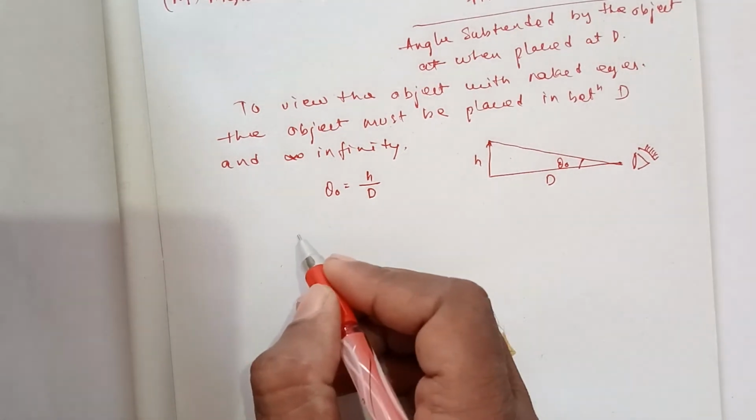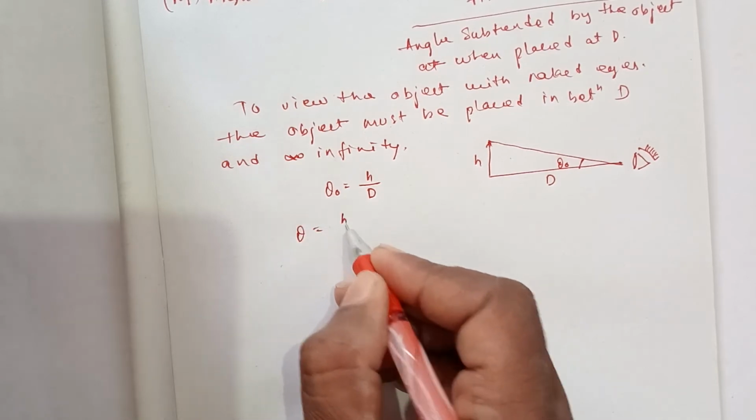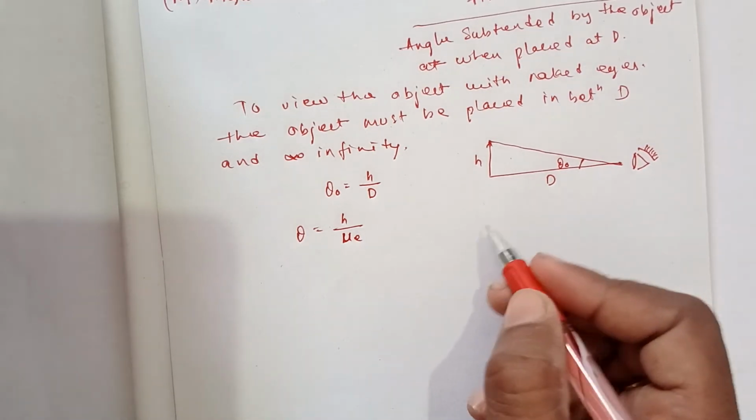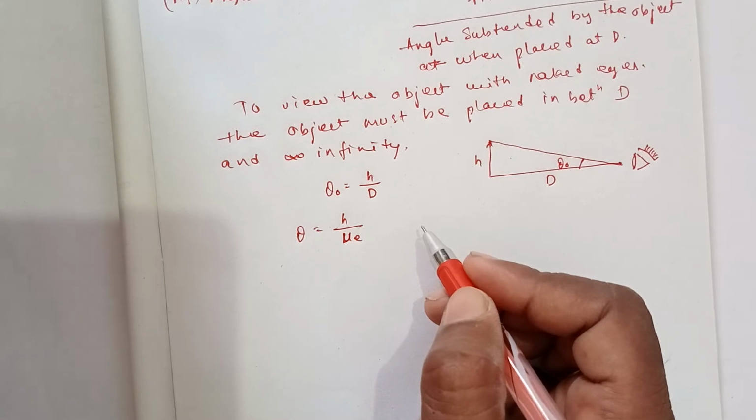After the increment, theta is equal to h by u naught.